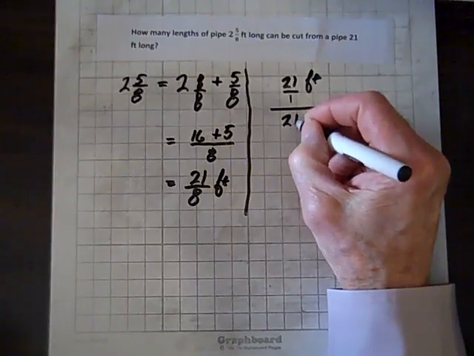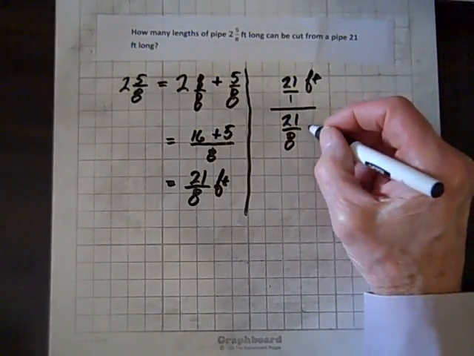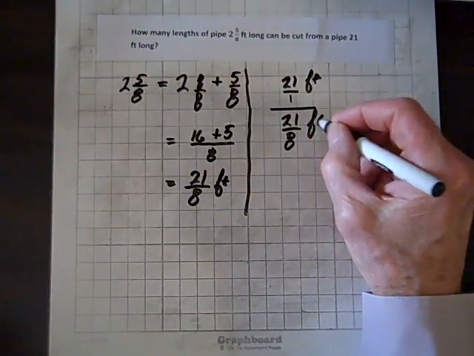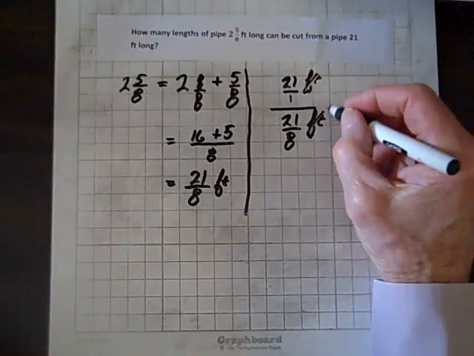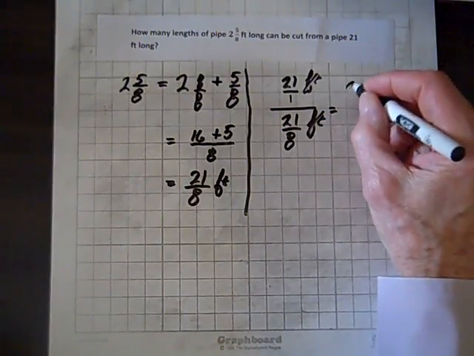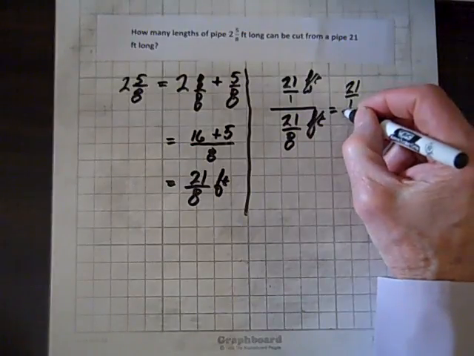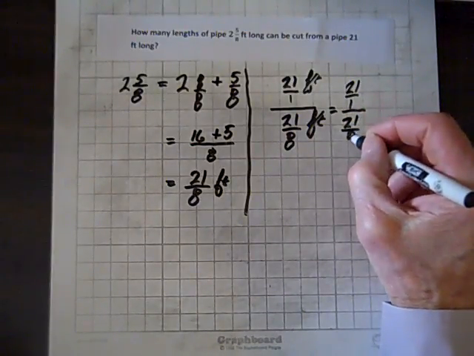And so now we have 21/8 feet. That's the length of each section of pipe, or segment. And notice the feet divide out. And so now I've got 21/1 divided by 21/8.